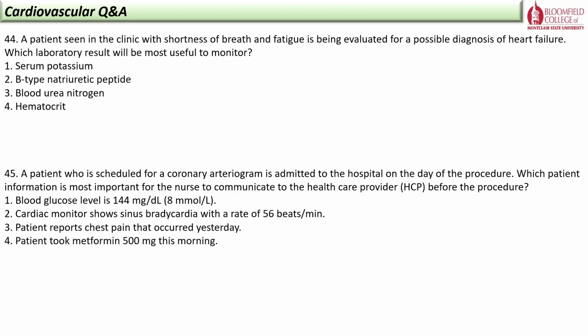BNP is always the correct lab result to rule out the diagnosis of heart failure. Research indicates that BNP levels increase in patients with poor left ventricular function and symptomatic heart failure. They can be used to differentiate heart failure.